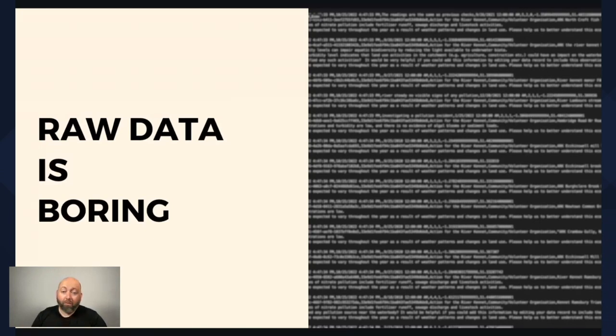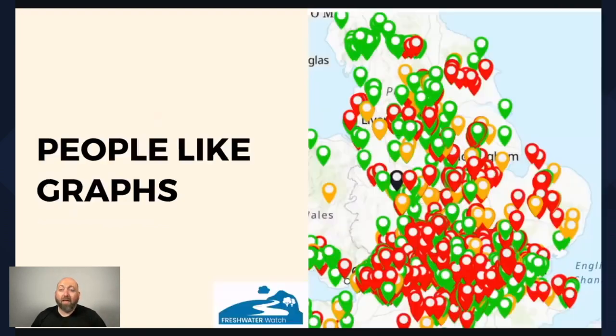The problem, though, is that data is boring, and it doesn't gain the attention of the people in power or the wider community who you're looking to educate and hopefully back your cause. There are some great ways this can be changed.